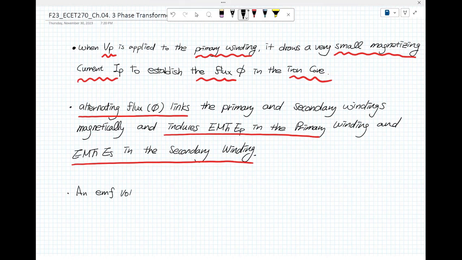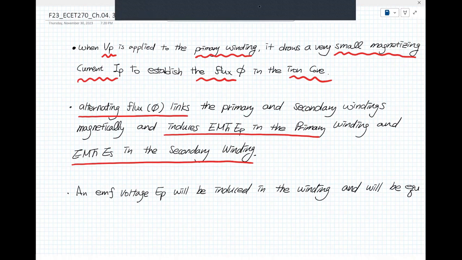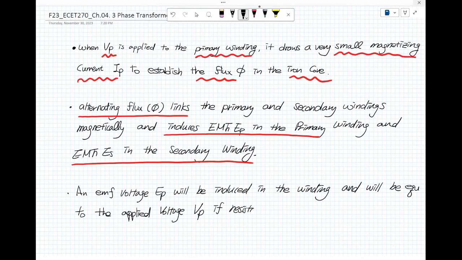So the EMF voltage E sub P will be induced in the winding and will be equal to the applied voltage, if the resistance of the winding is negligible.